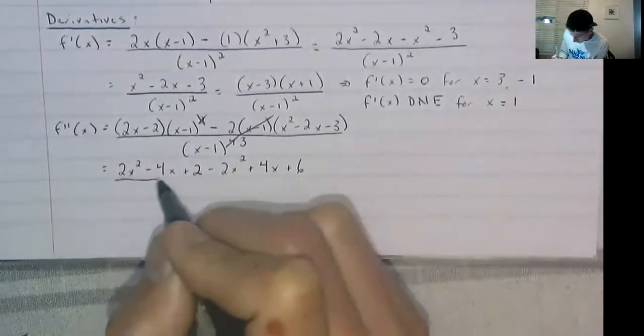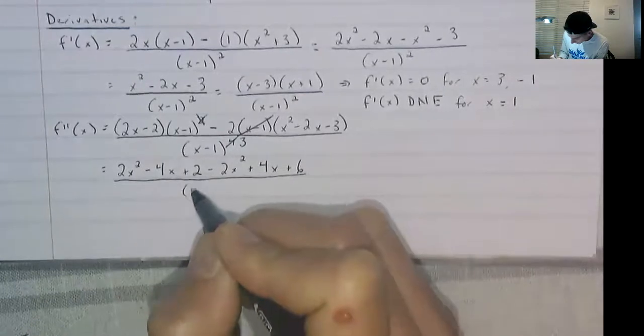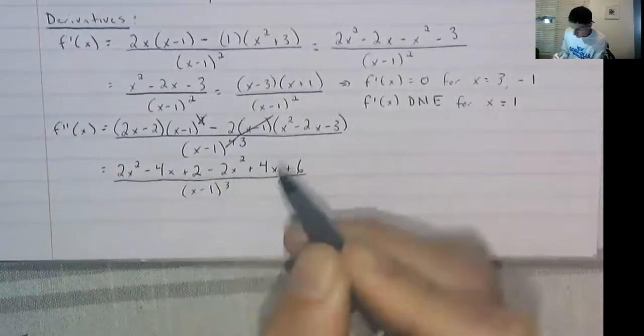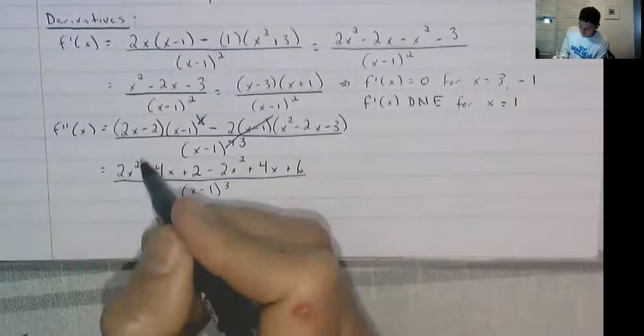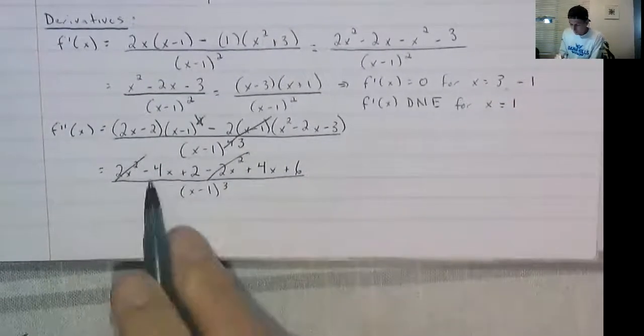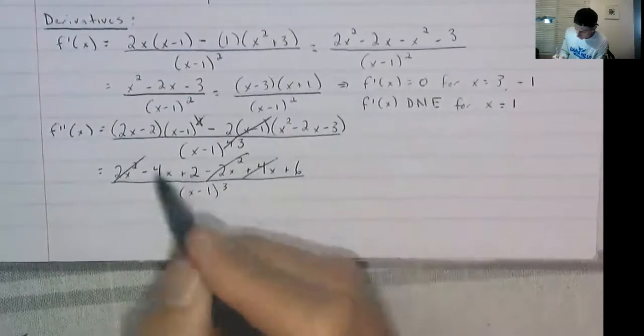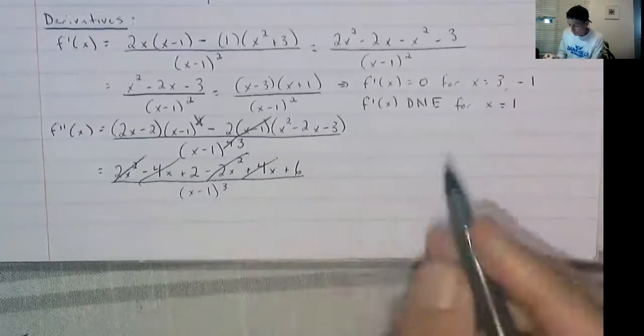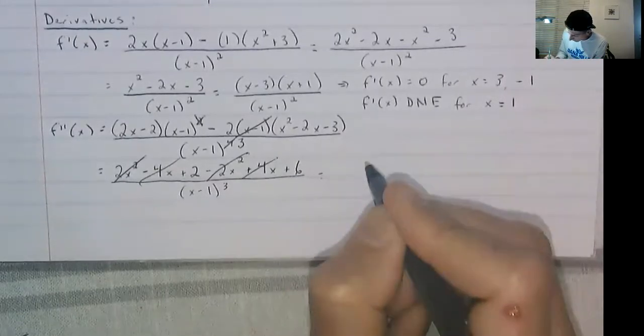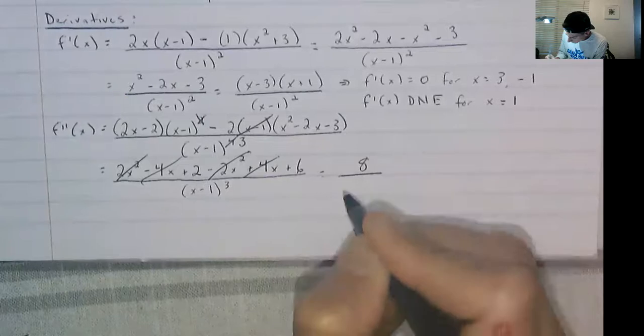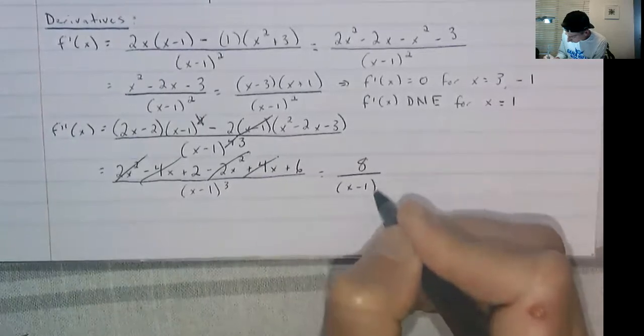Ooh, this is interesting. Check it out. 2x squared, negative 2x squared, later. Negative 4x, positive 4x, later. Positive 2, positive 6, ocho. Oh, that was slick.